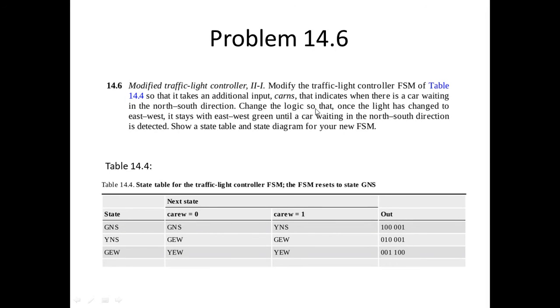Change the logic so that once the light has changed to east-west, it stays with east-west green until a car waiting in the north-south direction is detected. Only then it starts cycling through.